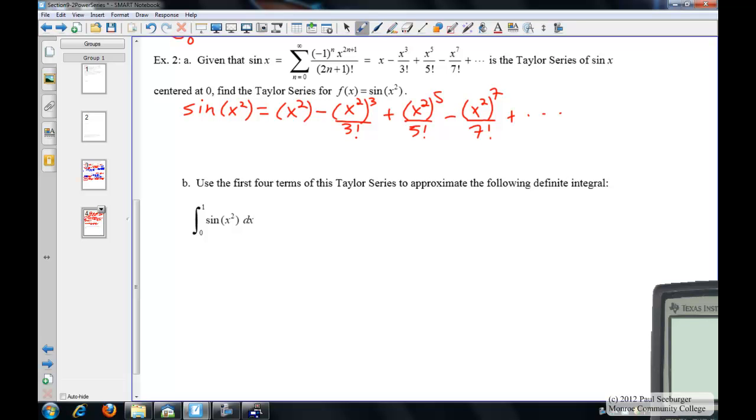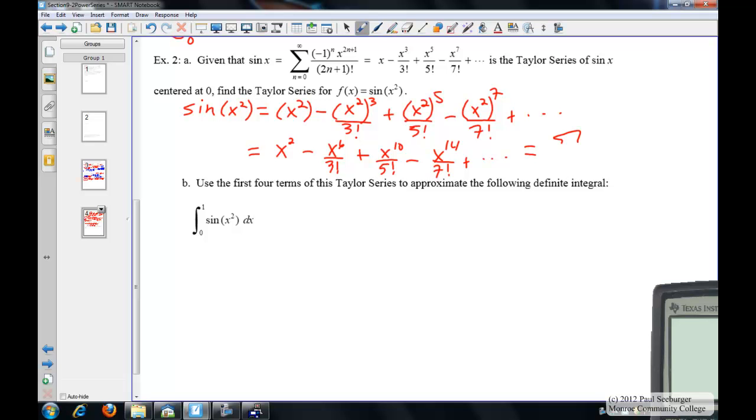In this case, we can rewrite this now as x squared minus x to the 6th over 3 factorial plus x to the 10th over 5 factorial minus x to the 14th over 7 factorial plus dot, dot, dot.